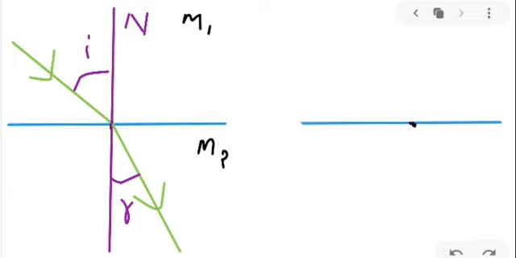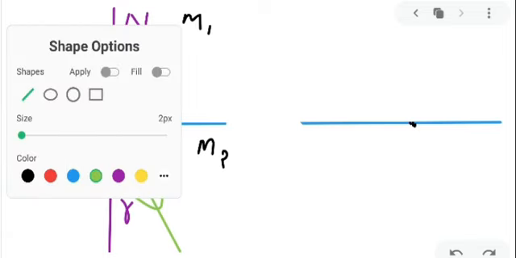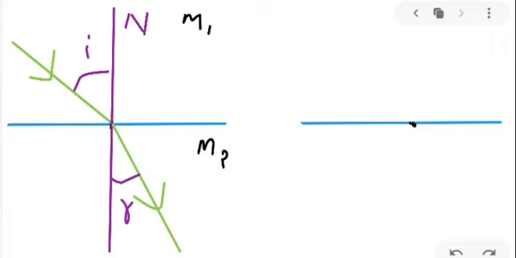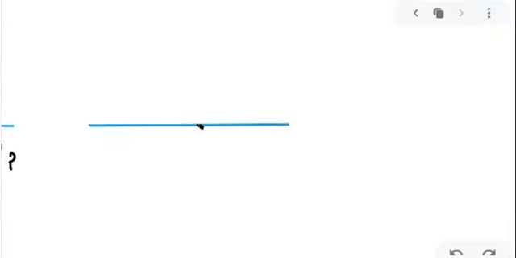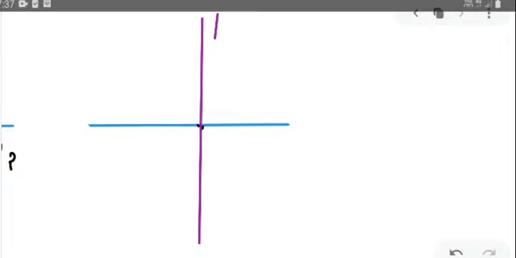Suppose now, let me redraw the normal in the second case. That black dot was the point of incidence, so let me align it properly. So you have the normal, this is your normal.